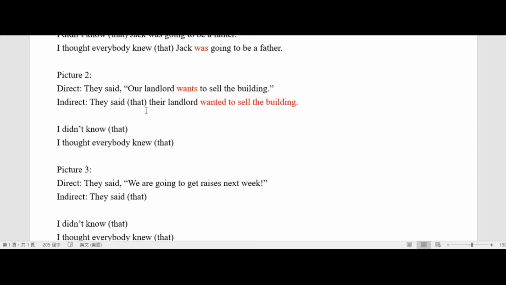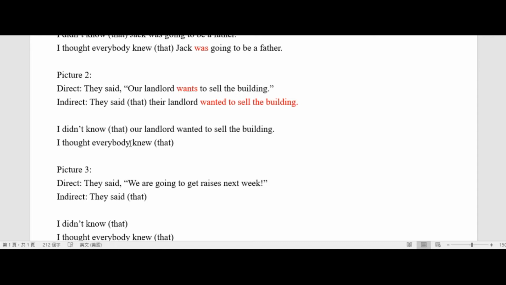So when A said, our landlord wants to sell the building, B, by repeating what A had said before, indirect speech, will say, I didn't know our landlord wanted to sell the building.